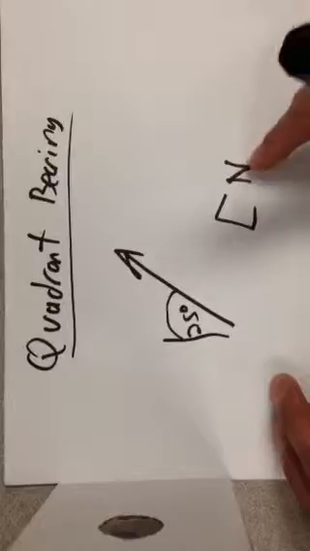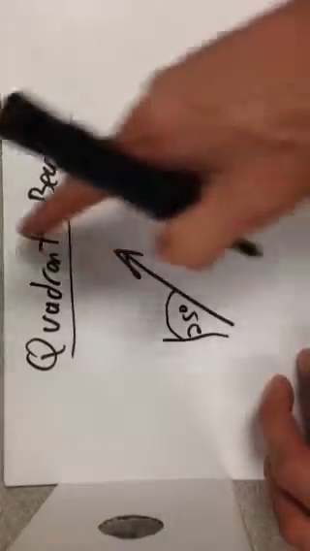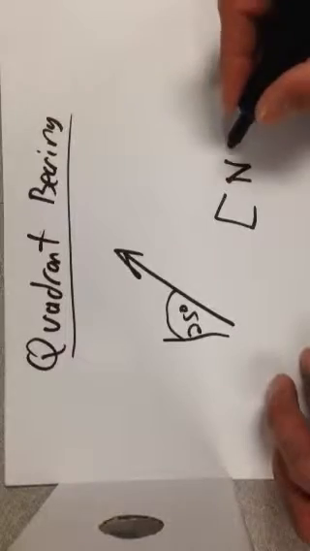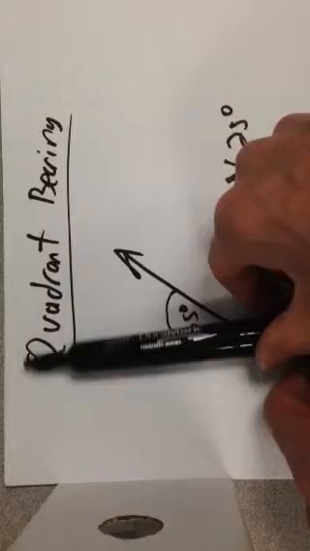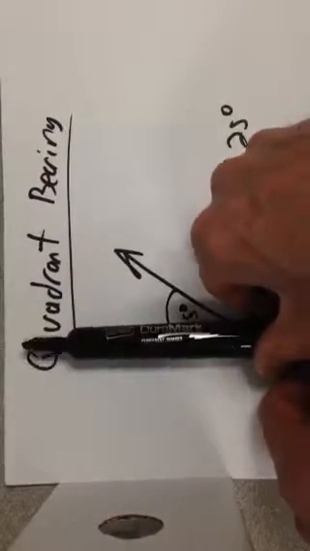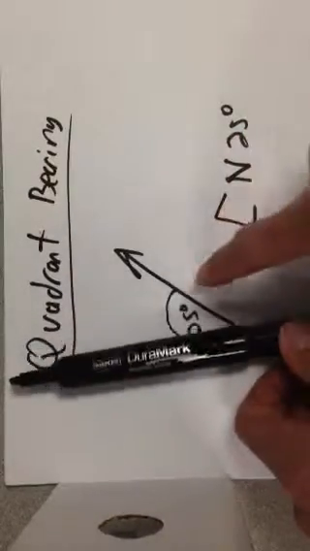We always start with either north or south, and this is clearly more north than it is south. So it is north, and then we must rotate 25 degrees, and then we specify which way we're rotating. So we don't always assume it's clockwise. This 25 degrees is towards the east. This side is west, this side is east. So that is north, 25 degrees east.